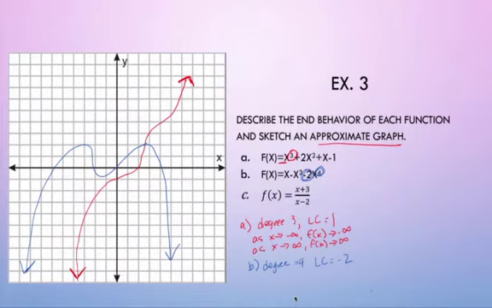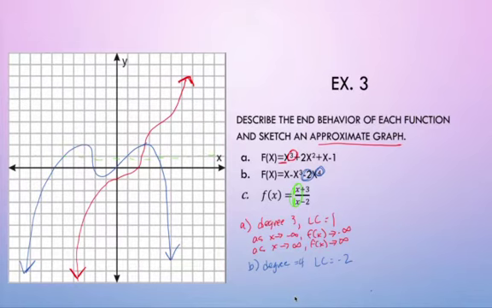But right now, the fact that the numerator and the denominator have the same degree means that we have a horizontal asymptote, and that horizontal asymptote is going to be at 1. It's the ratio of the leading coefficients, and your leading coefficients here are both 1, so you're going to have a horizontal asymptote at 1.